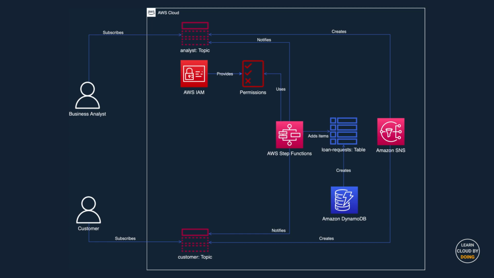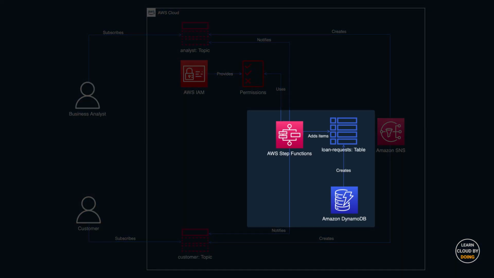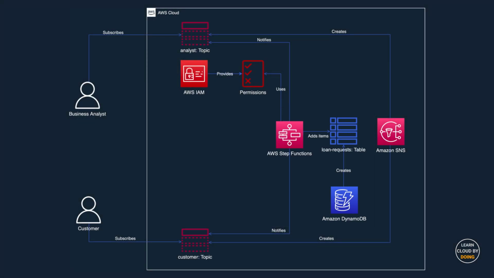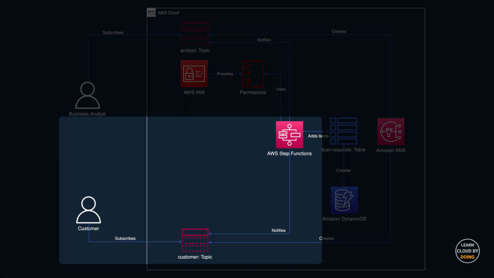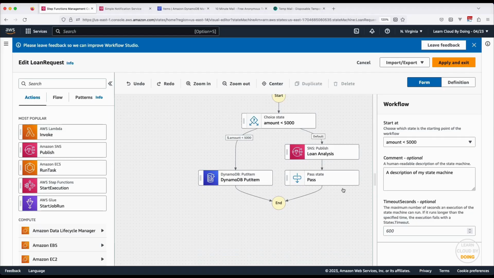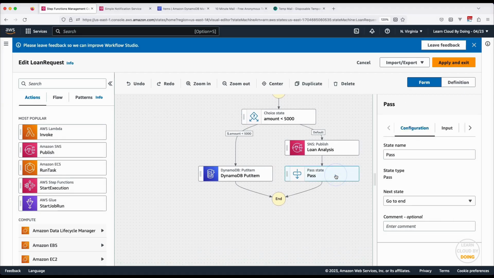The next step consists of setting actions for both approving and rejecting the loan request. As before, if the request is approved, the amount requested is stored in the DynamoDB table. Otherwise, the customer is notified. Drag another choice into your workflow, and set the rules according to the status of the business analyst analysis.